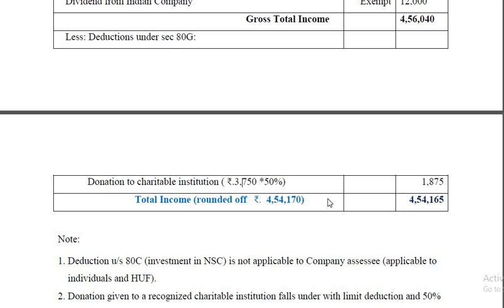So our total income is 4,54,165. But that should be rounded off to the nearest 10. That comes to 4,54,170. If it is 164, that would have been 4,54,160. But if it is exactly half, then it should be taken to the next 10.